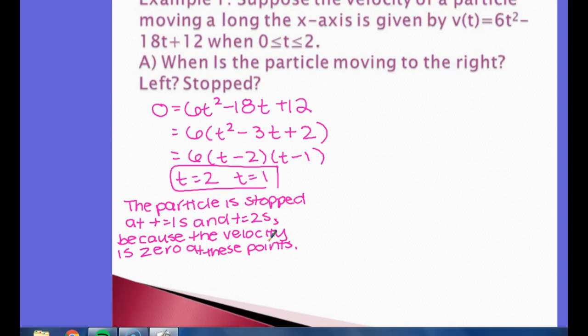If 1 and 2 are where the particle is stopped, and I'm only talking about the increment from 0 to 2, what do I have to be concerned with to find the left and the right? So what am I looking for to determine if the particle is moving right or moving left?